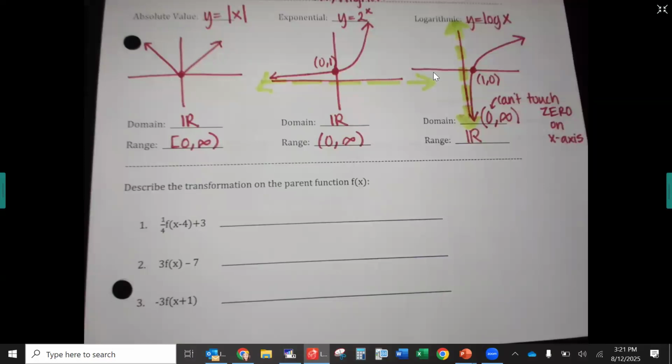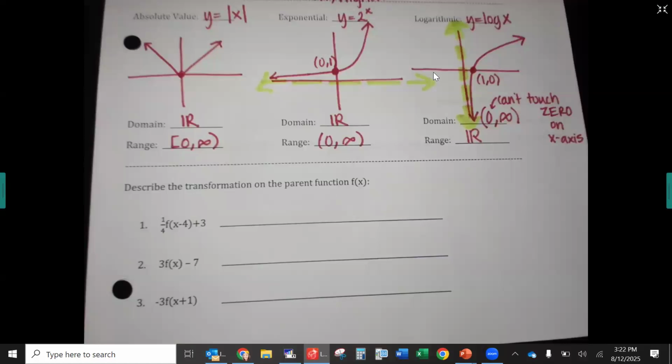All right, what are we doing on these 3? Well, you mean moving it up, yeah, and then what flips it up and down? What would flip it?